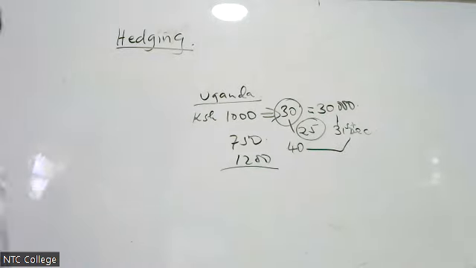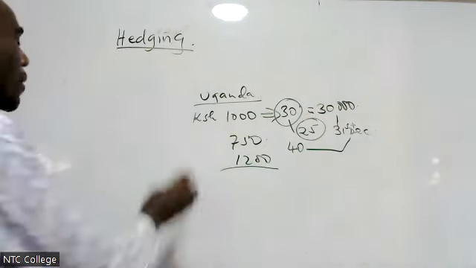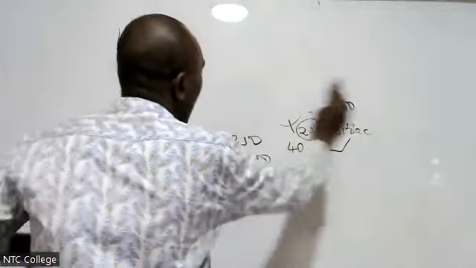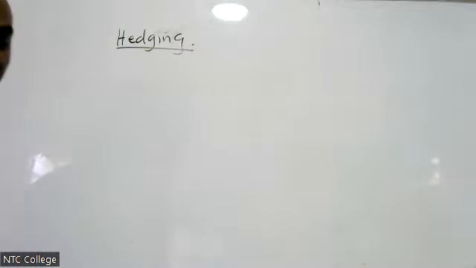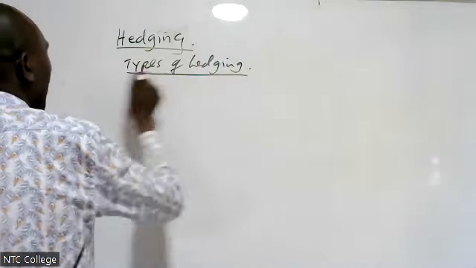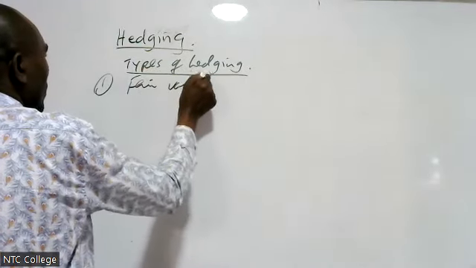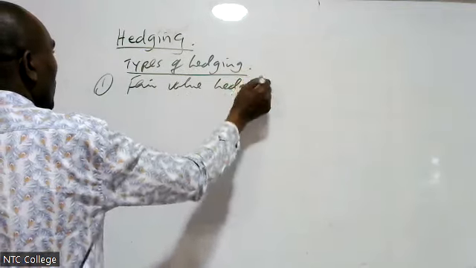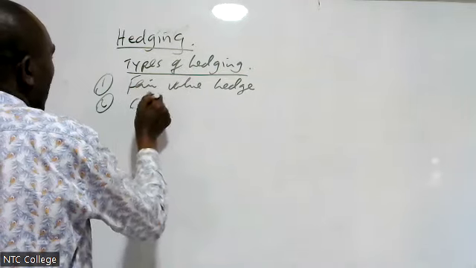Now, there are three types of hedge. Types of hedging. Number one, we have what we call fair value hedge. Number two, we have what we call cash flow hedge.